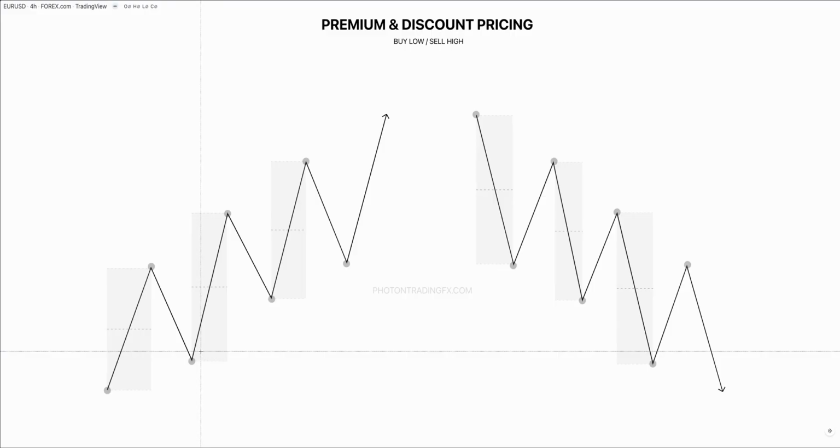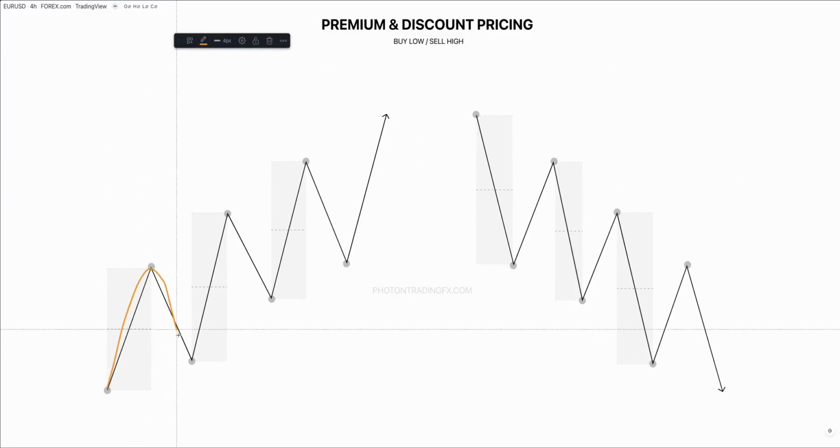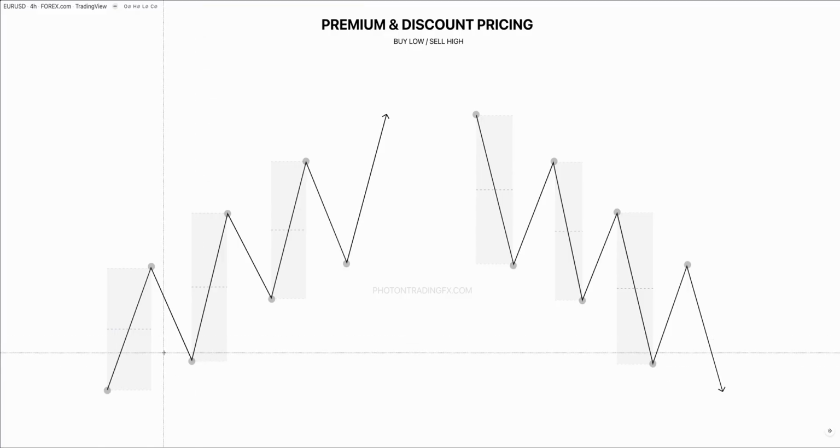At cheaper prices there is more demand for a product; at more expensive, premium prices, people tend to sell more. That's basically it: buy low and sell high, and that's what this tool helps us to do. So in a bullish market, price will typically pull back to discount pricing. It does not have to, but the higher probability is to be looking to buy down in here.